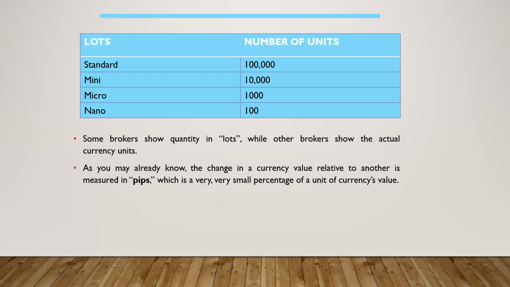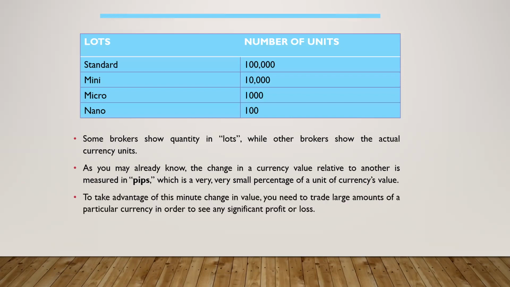It is usually measured in a currency value relative to another, which is a very small percentage of a unit of that currency's value. Most of the time, the PIP is used to calculate what value I've made on the 100,000 units of currency that I've bought, the amount I've actually made using the PIP movement.